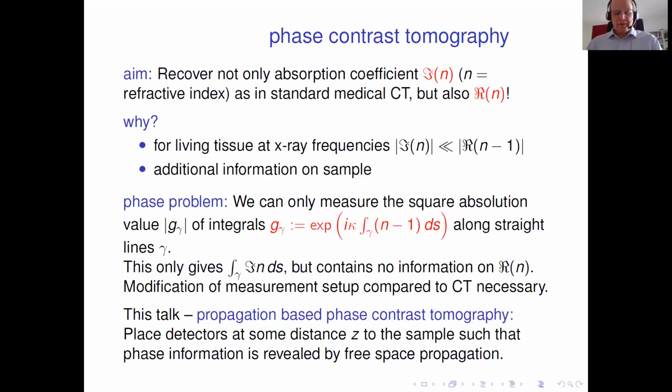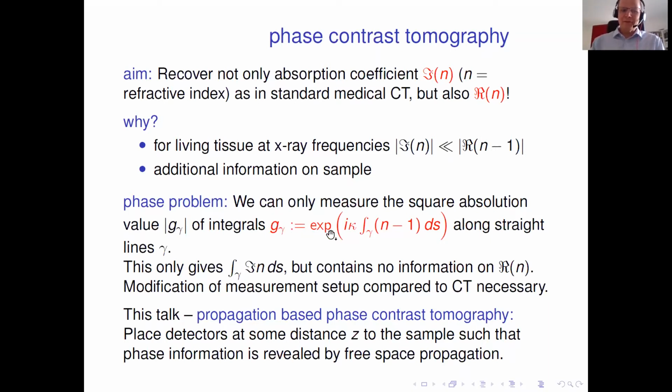Okay, so how does this work? As in CT, what we measure is line integrals through the sample along straight lines. The problem that arises is that for X-rays, one can only measure intensity, but not phases. If you look at such a line integral, you see that the imaginary part of n only has an effect on the phase.